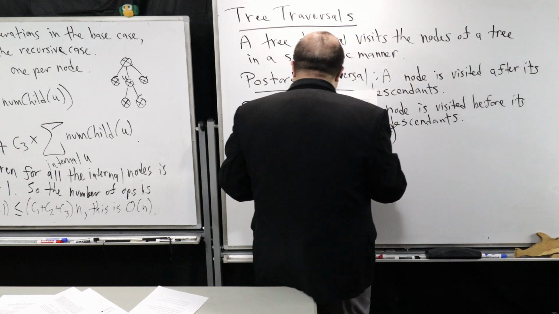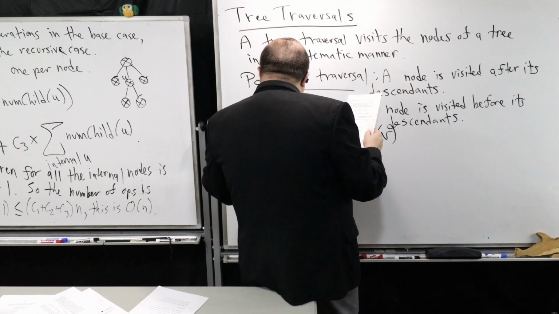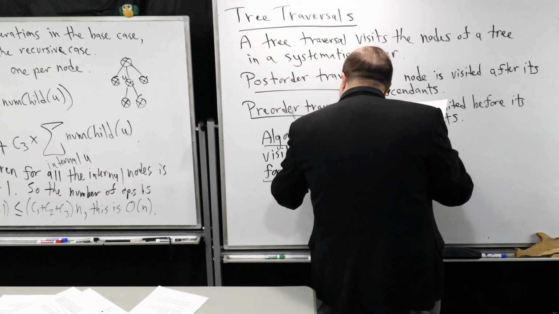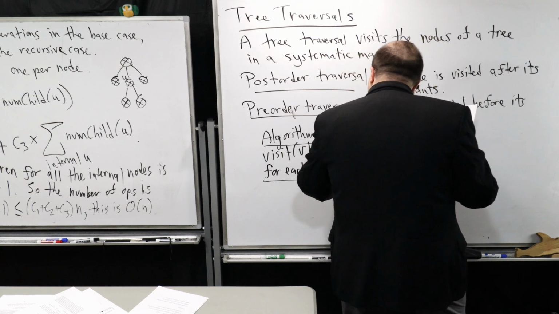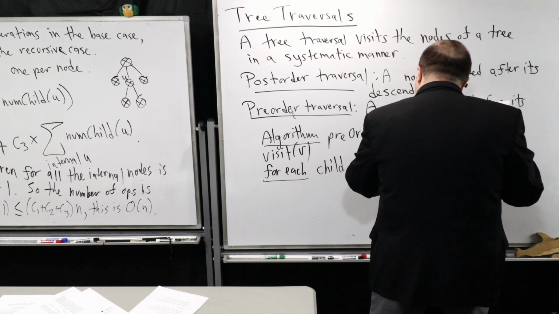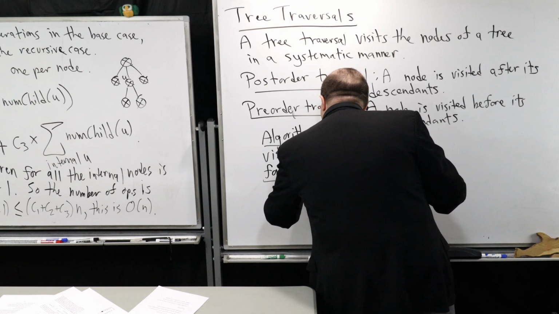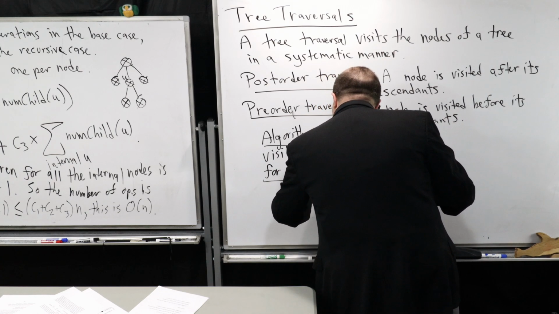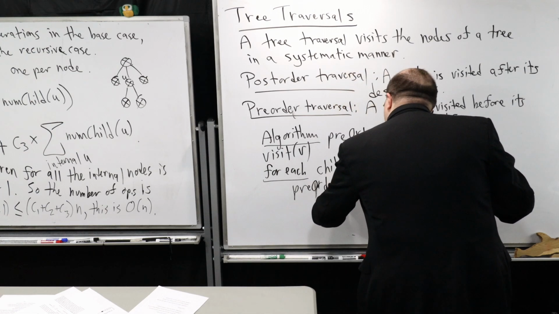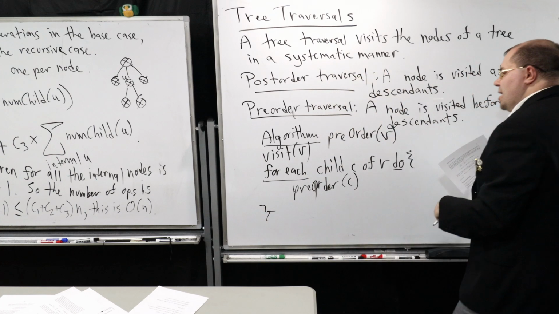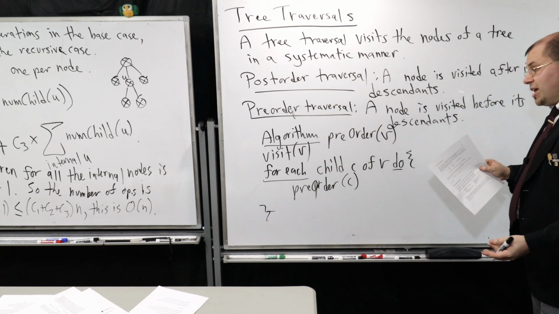It's something that's being done to V. Then you just simply go for each child C of V, you do pre-order of C, and that's it. You can generalize this, you could specialize it even further.